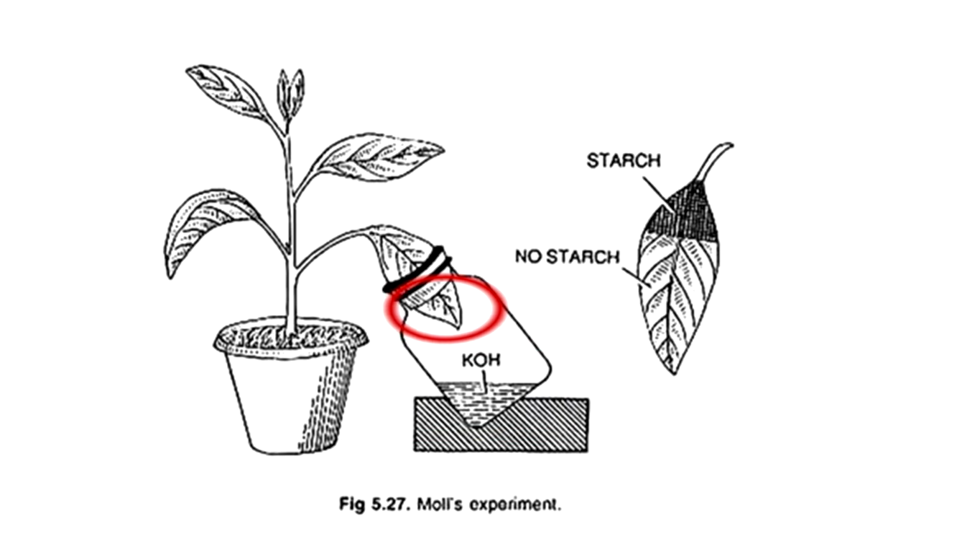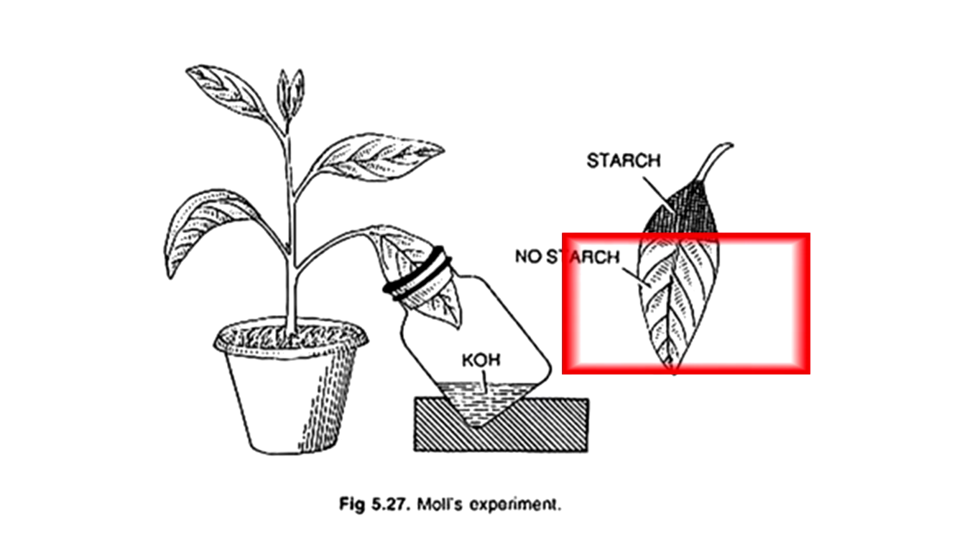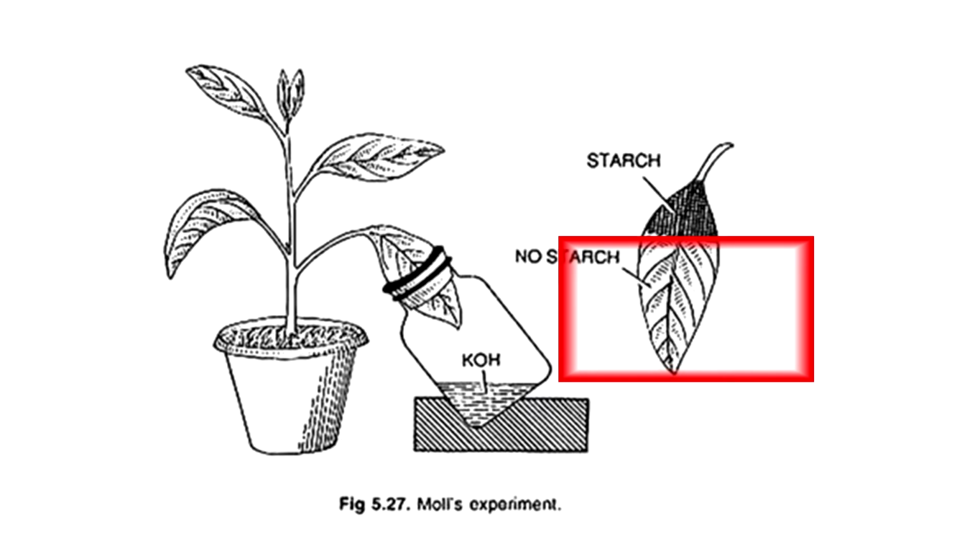When we test after some time for the presence of starch, the part of the leaf which is exposed to sunlight, not present in the test tube, will show positive for starch, and the part of the leaf present in the test tube will show negative, indicating the absence of starch.